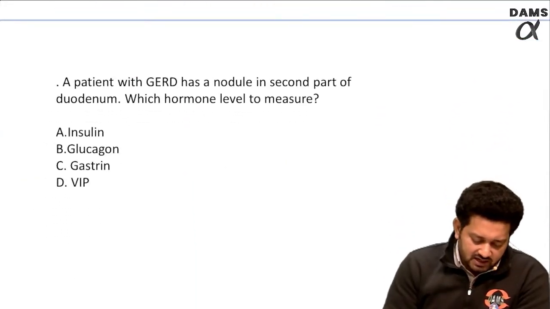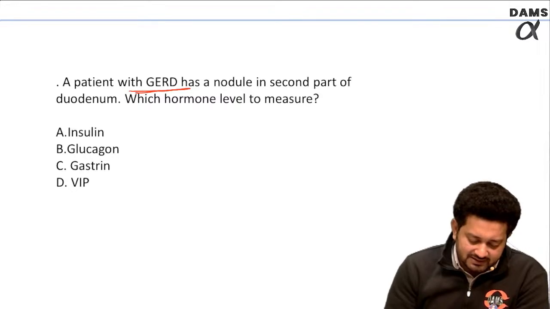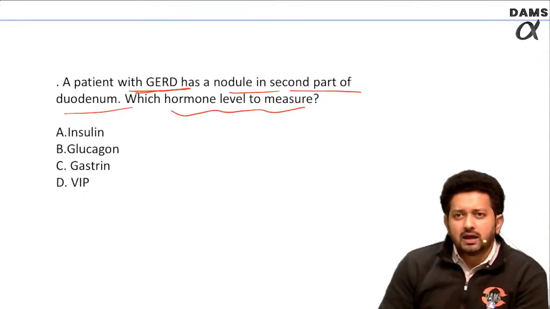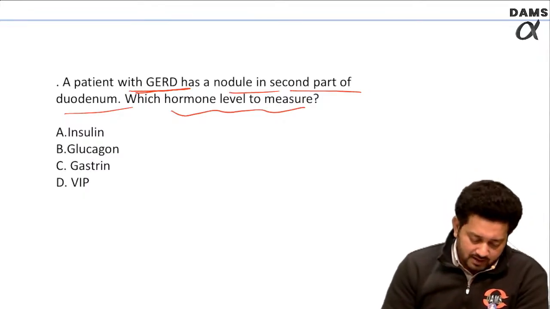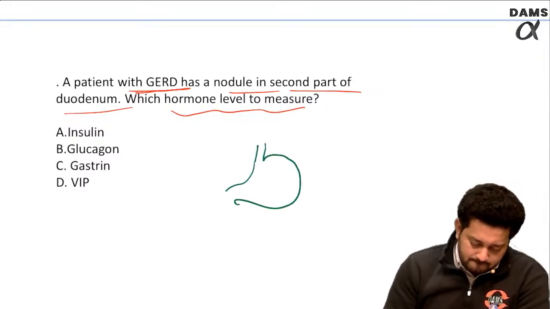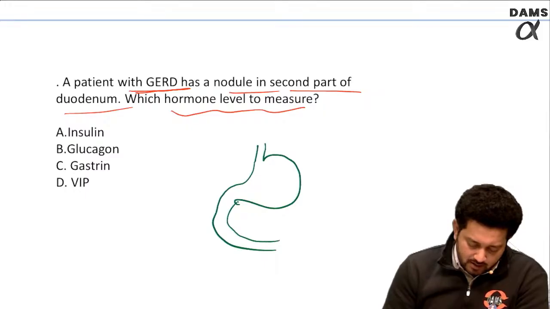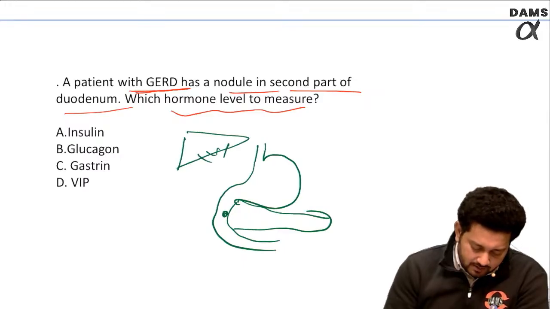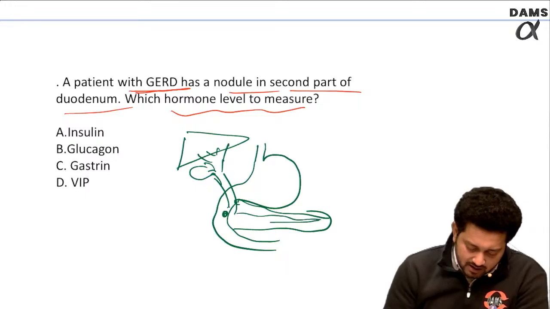Next question: a patient with gastroesophageal reflux disease has a nodule in the second part of the duodenum. Which hormone level is to be measured? This was kind of an indirect question. Which tumor can be seen in this part of the duodenum?